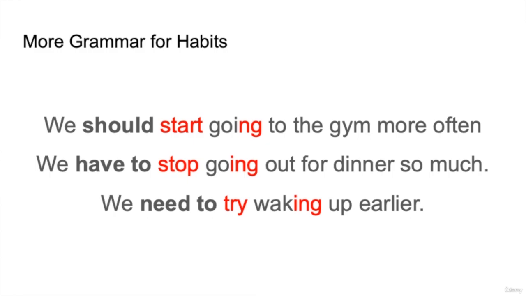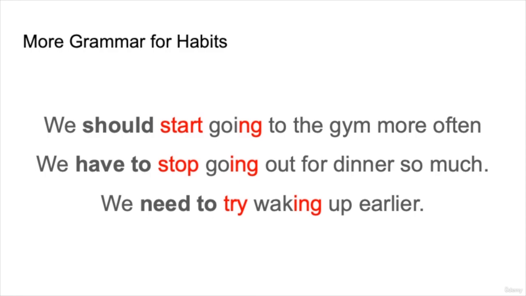So before we review, let's take a look at one more grammar point because it's often used with these modal auxiliary verbs, with should, have to, and need to. So you can use the same form. We should start going to the gym more often. So start, stop, and try are all ways of talking about habits.